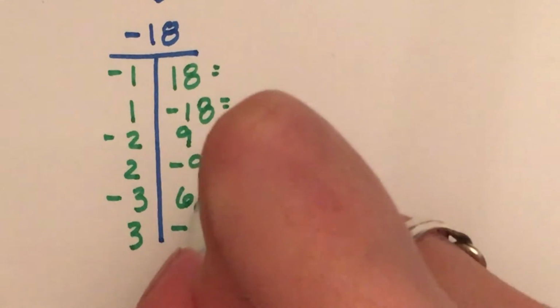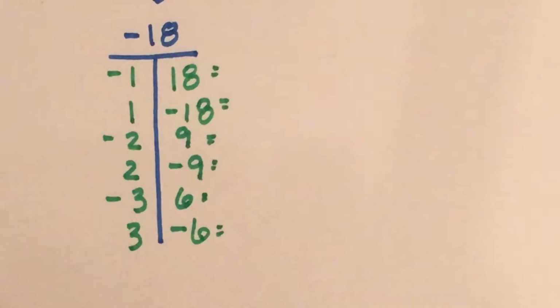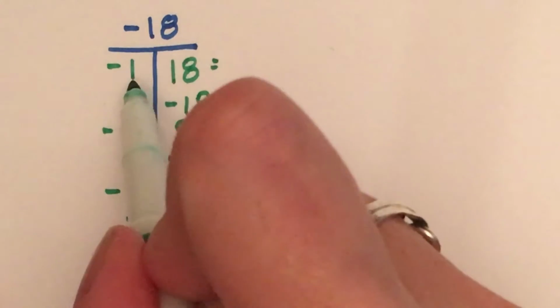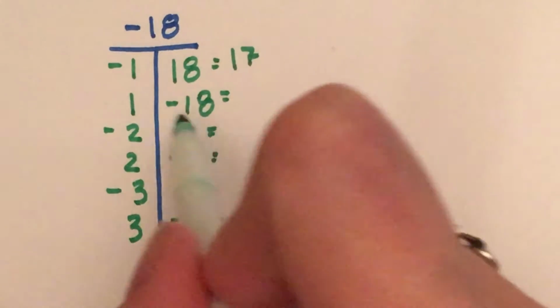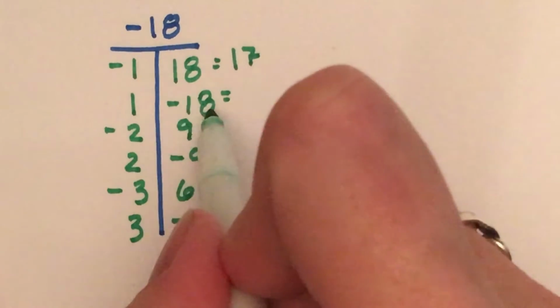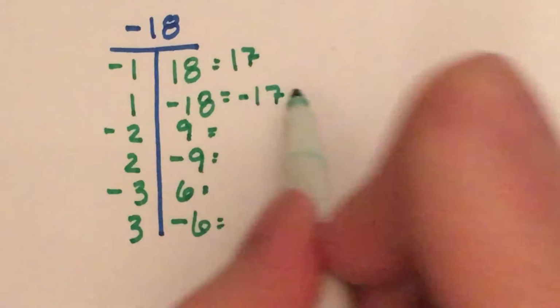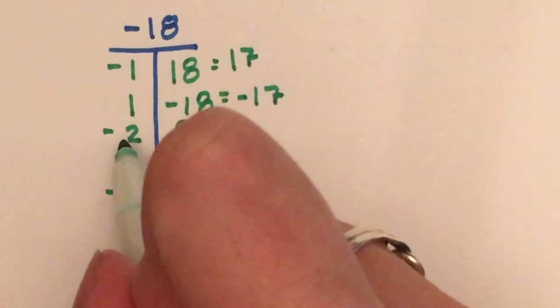Let's go find the sum of each pair. Negative 1, positive 18, 17. 1 minus 18, negative 17.